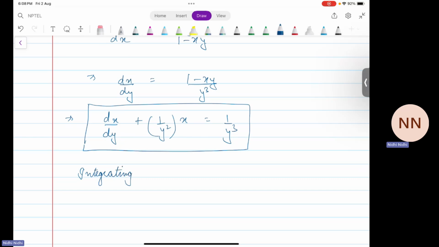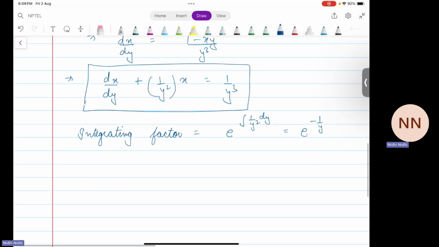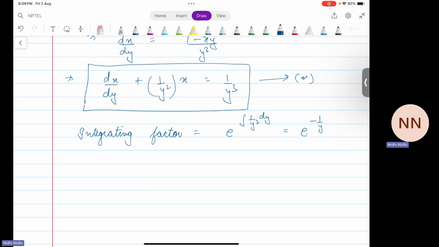Integrating factor is given by e to the power integral 1 by y square dy, which is e to the power minus 1 by y. And the general solution of star is given by x times integrating factor is equal to integrating factor times this function 1 by y cube dy plus some constant c. Now the main thing that we are left with is this integral.